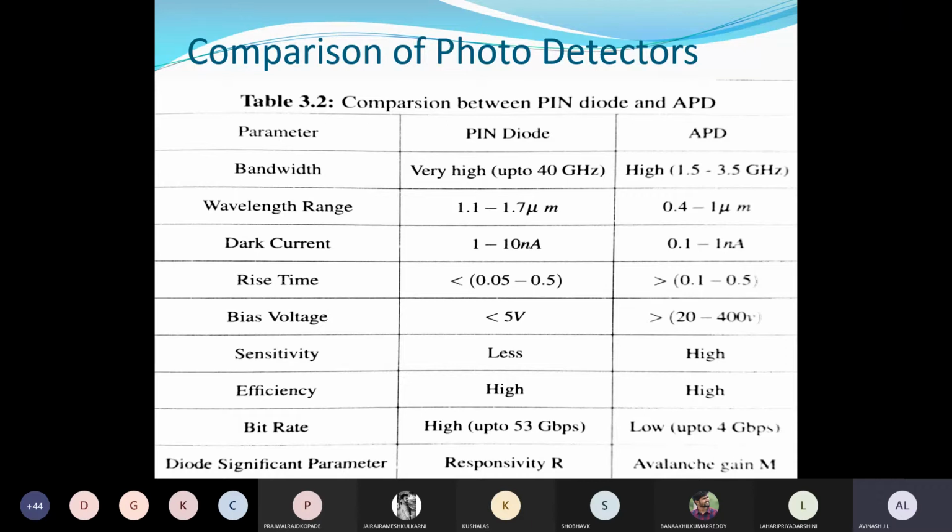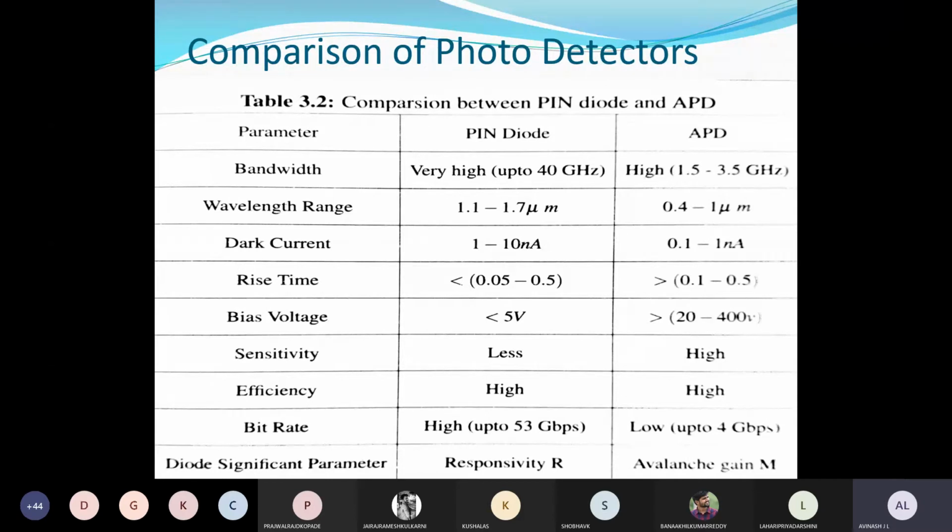Here sensitivity is with respect to photons only. Don't think that sensitivity is with respect to outer noise. We are talking about photon detection only. PIN diode is less sensitive and avalanche photodiode is highly sensitive. To get high sensitivity only, we are giving more bias voltage.